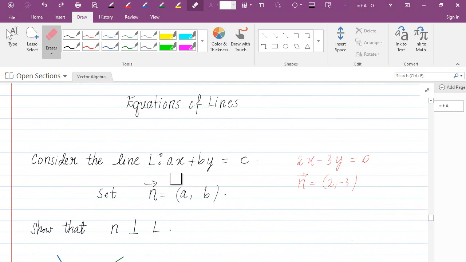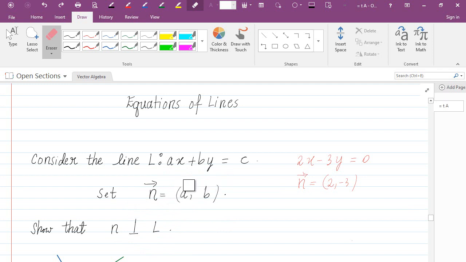Then the equation of the line has the form ax plus by equals c, where a, b, c are constants. If I set n to be the vector ⟨a, b⟩, where a and b are the coefficients of x and y respectively, then what I want to show is that n is perpendicular to the line.